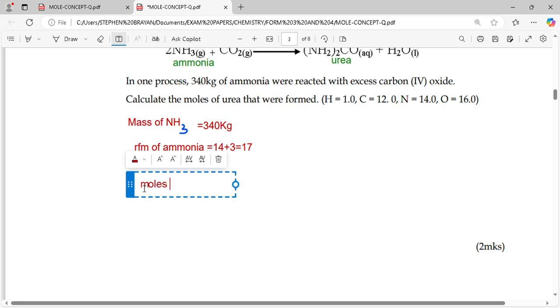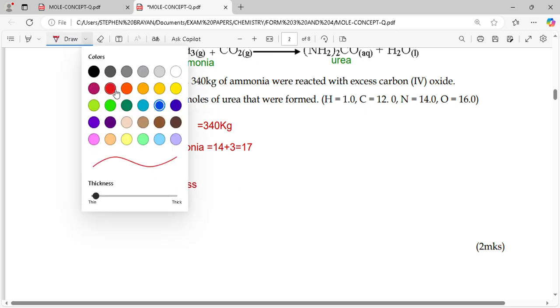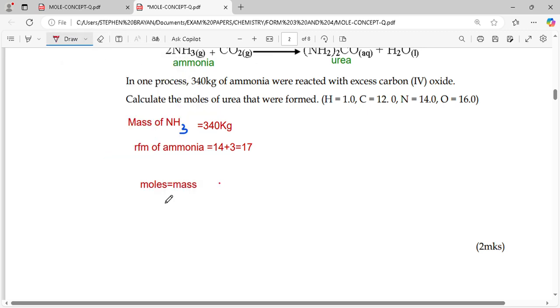Moles is usually equal to mass over RFM.